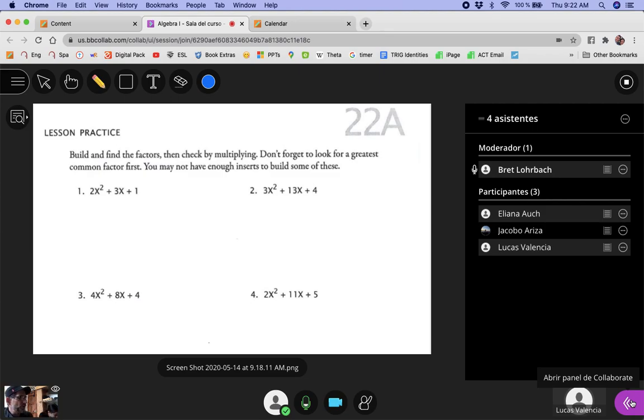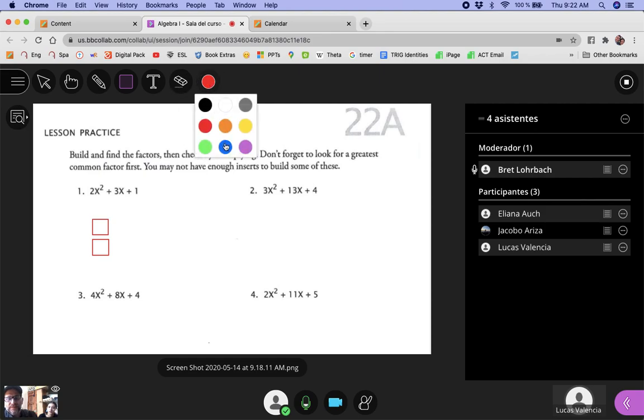We're going to build first, because we do want to visualize it. So, how do we build 2x squared? Two big red boxes. Okay, so we're going to put two red boxes. So we have two of those.